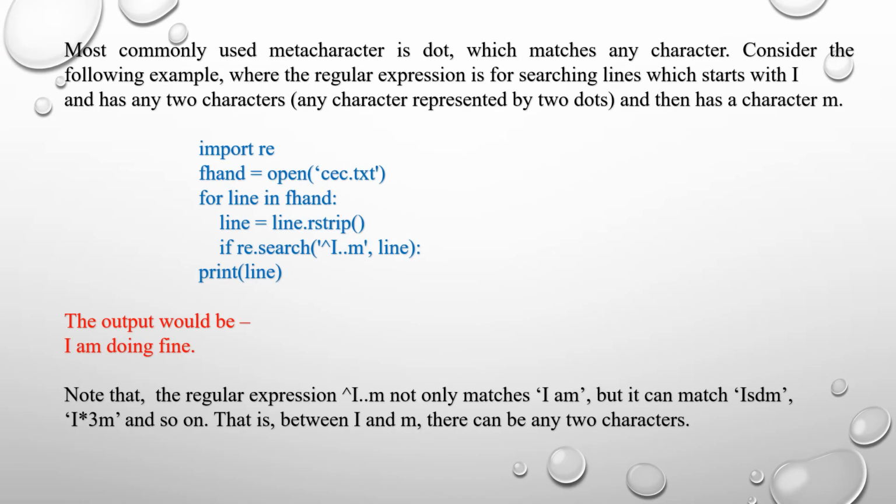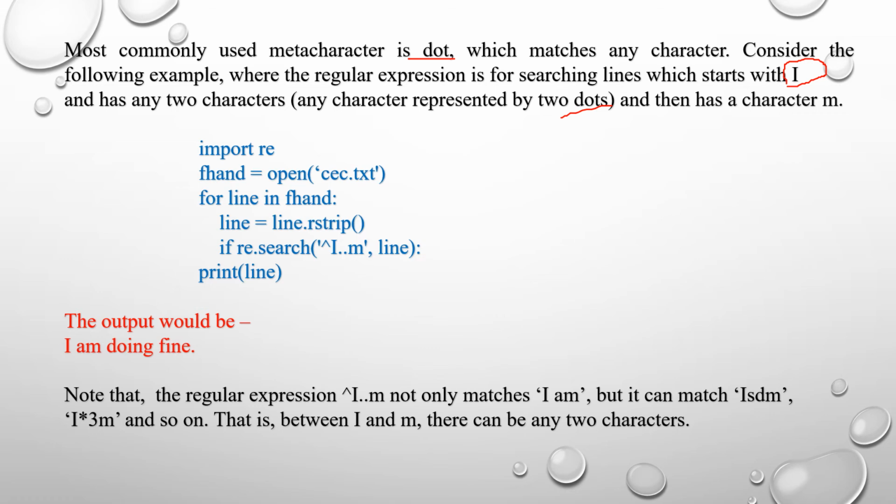The most commonly used meta character is dot, which matches any character. Consider one example where the regular expression is for searching lines which start with I, then any two characters represented by two dots, and then the character m.